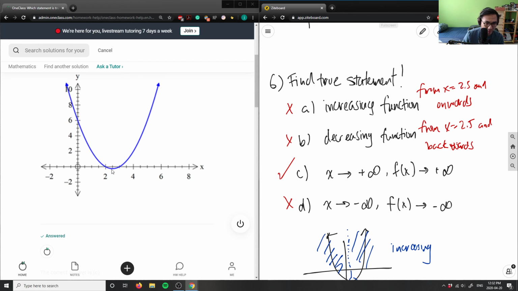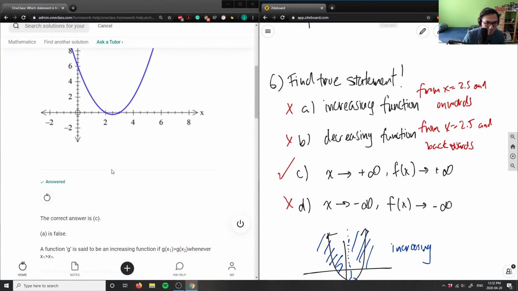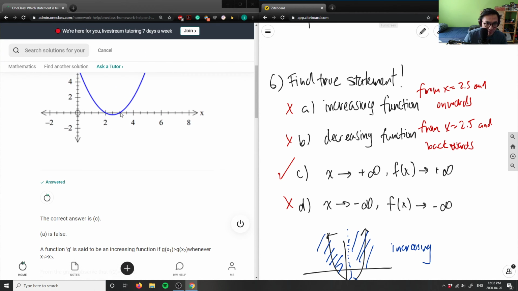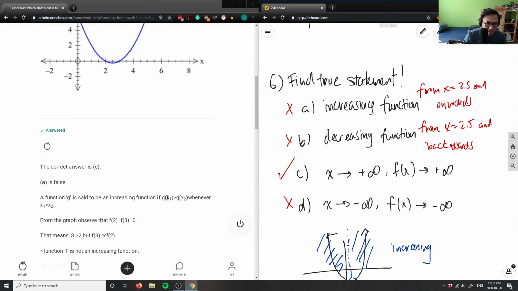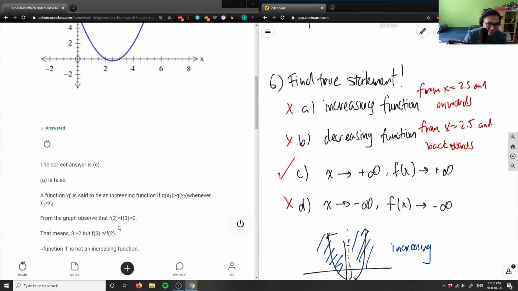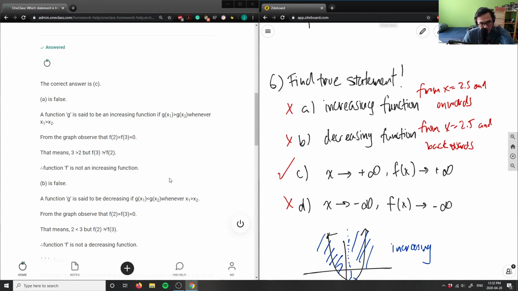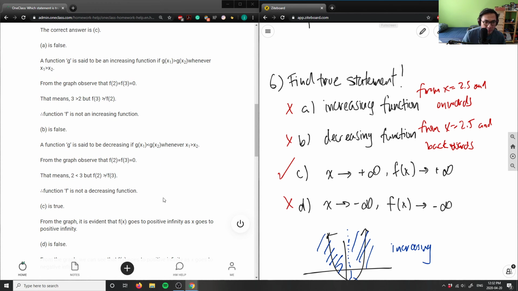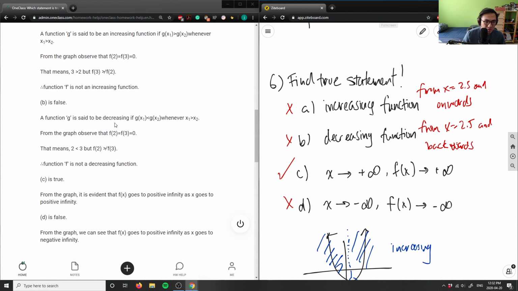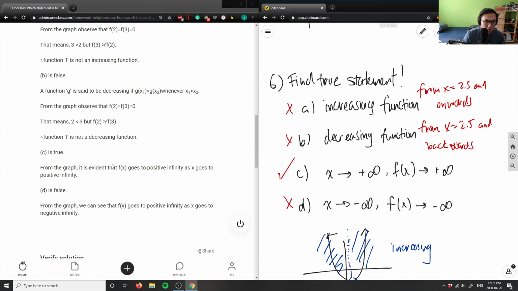F of 2 and f of 3 are both 0, but 3 is greater than 2, so it's not an increasing function. The function g is said to be increasing whenever this condition is met, and they're doing the exact same thing because 2 is less than 3, so it's not greater. Okay, so C is true, D is false.